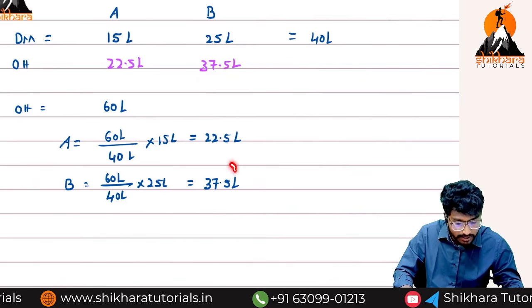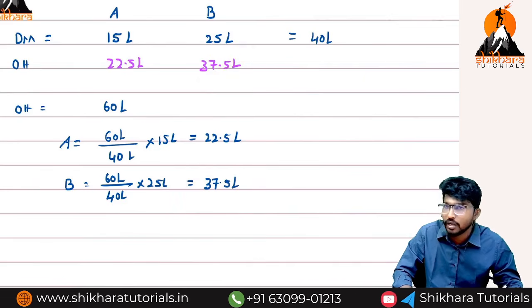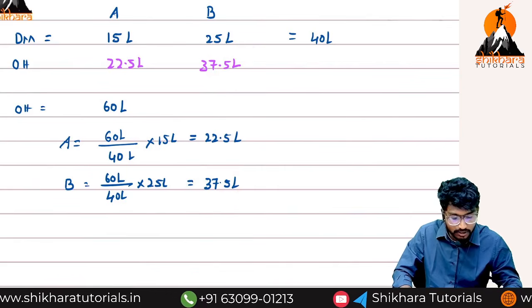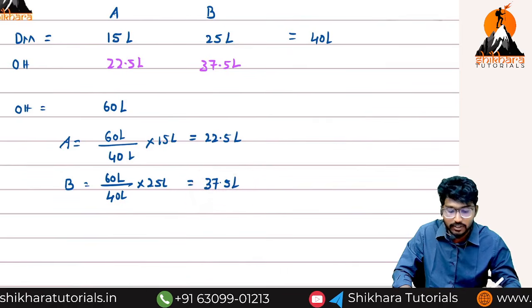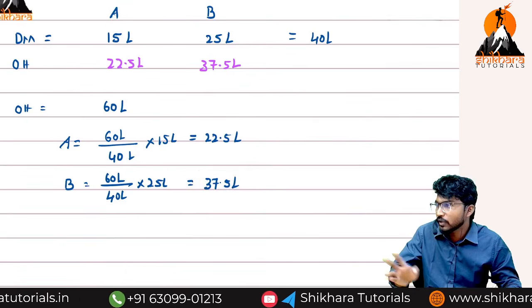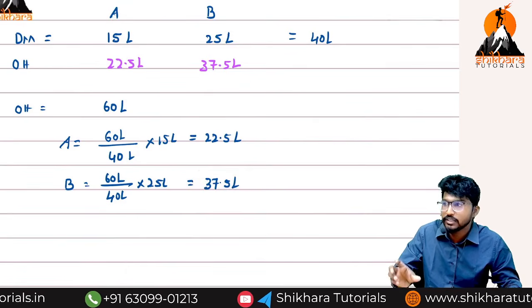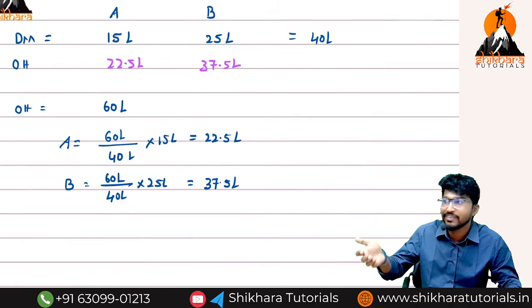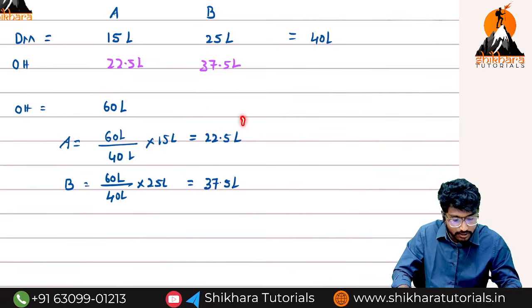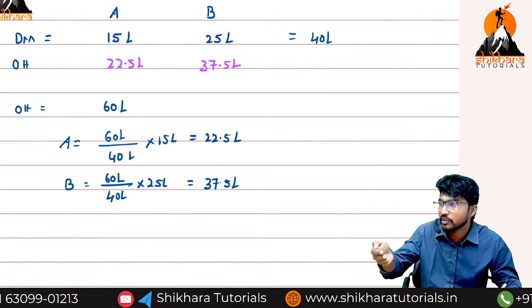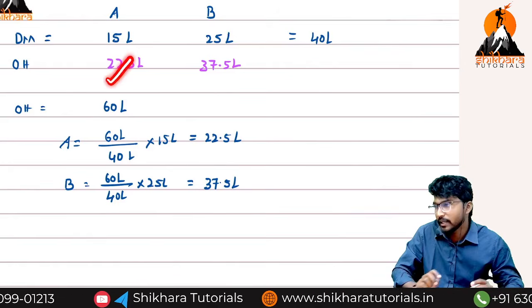Then this 37.5 lakhs is also not sufficient for B. It is also less amount of share for B. For example, A is a direct product. It is not consuming high amount of time and it is not consuming more amount of space. Then this 22.5 lakhs is also more amount of share for whom? A.